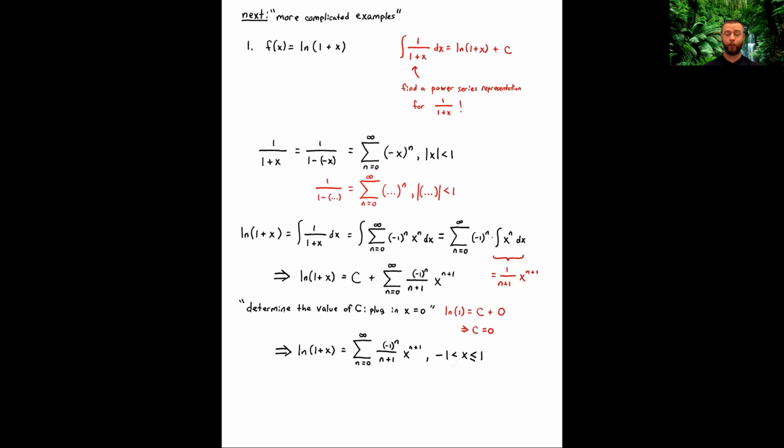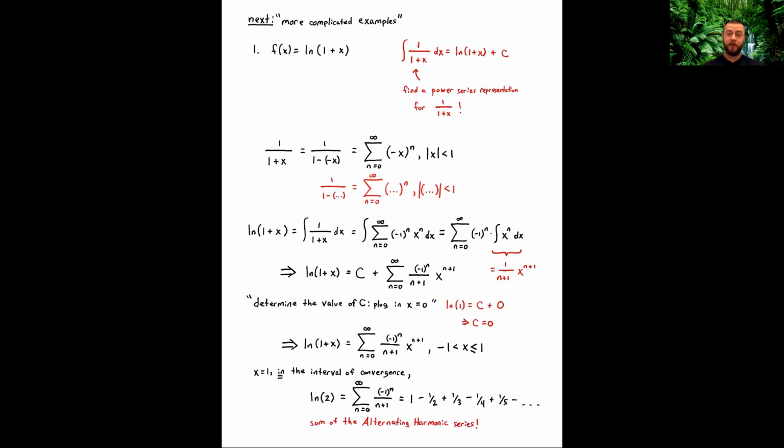We now have the tools to prove or see where that result comes from. Since our interval of convergence includes x equals +1, we can plug that in here and have a conclusive result for a valid power series representation.